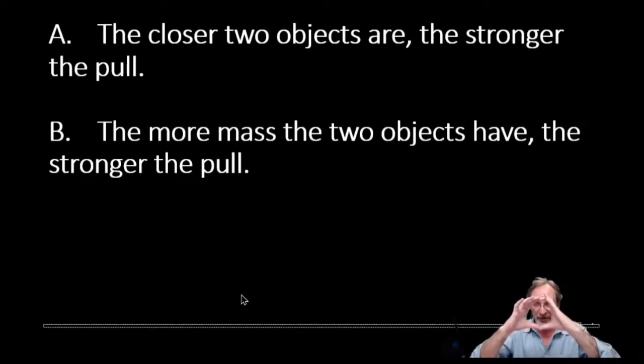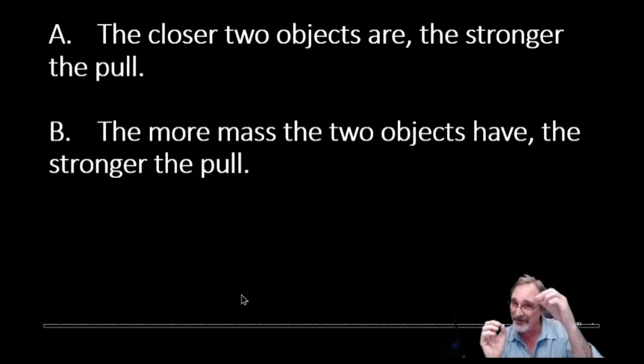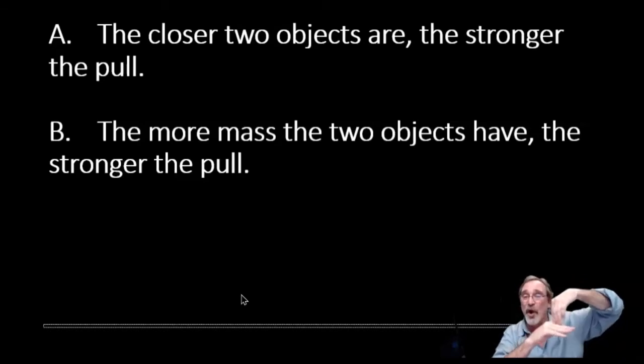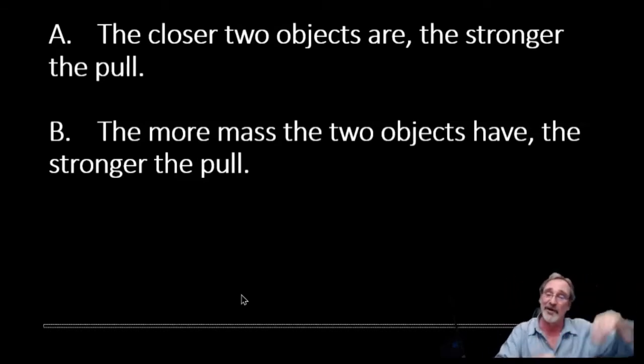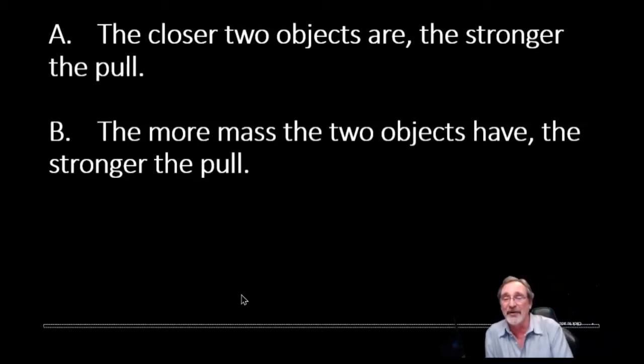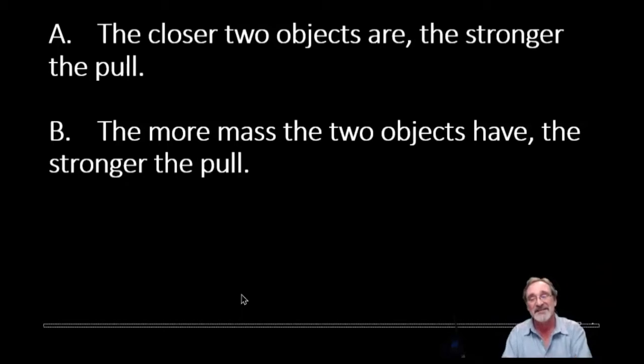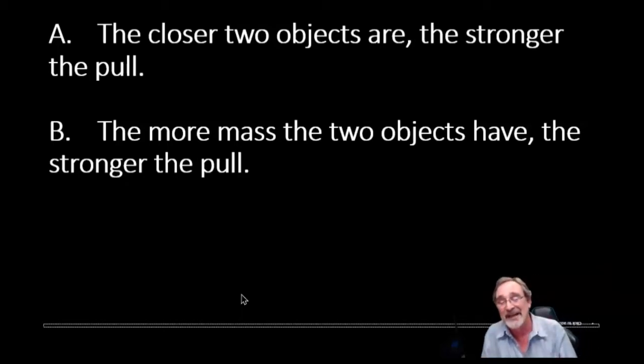Like the planet Earth has more mass than the moon. So when you figure out how much you actually weigh, what is the gravitational pull of you on the moon? You're about 1/6 of what you are when you're on the Earth, okay? So you don't have as much weight. The gravitational pull is less, so you don't weigh as much on the moon as you do on Earth.